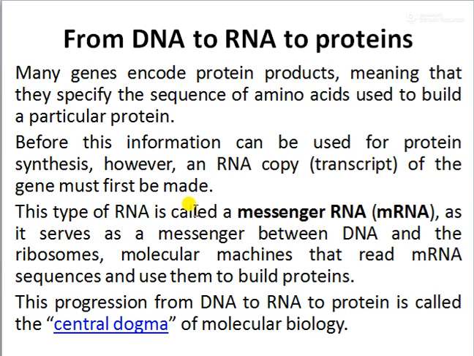This type of RNA is called messenger RNA or mRNA, as it serves as a message between DNA and ribosomes. These ribosomes are basically molecular machines that read messenger RNA sequences and use them to build proteins. So, this progression from DNA to RNA to protein is known as the central dogma of molecular biology.